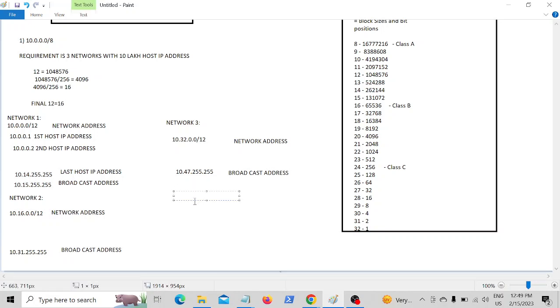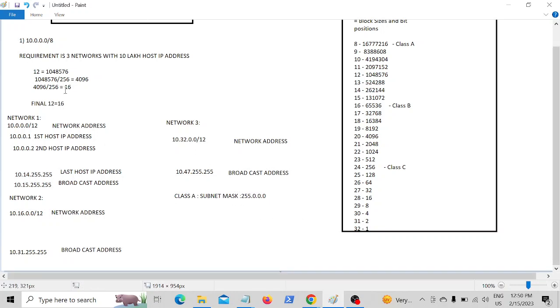So what is the subnet mask for class A? Class A subnet mask is 255.0.0.0. Here we have 12, so our CIDR is 12.